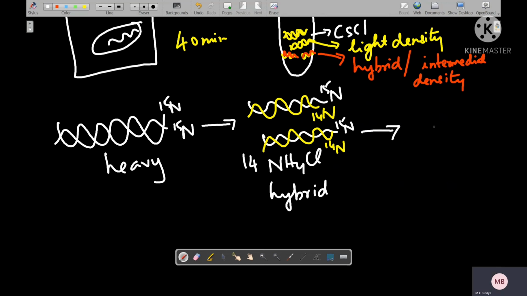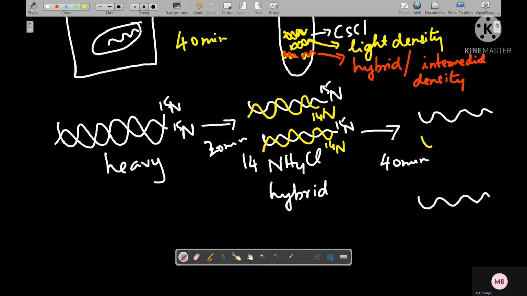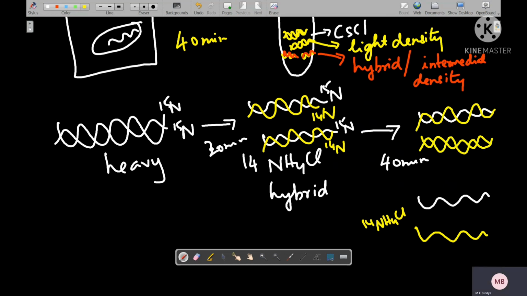Then they continue in the same N14 medium for one more generation, that is after 40 minutes. Then these DNA which are already existing, their strands are separating. And the new DNA which is produced is from the existing medium, that is N14. So they were already in ammonium chloride N14, so the new strands will be synthesized from the N14 medium.